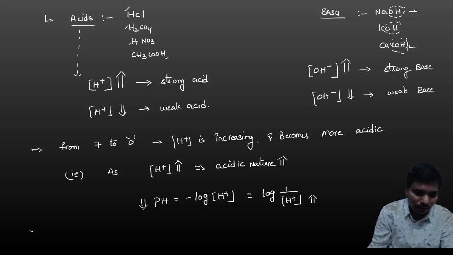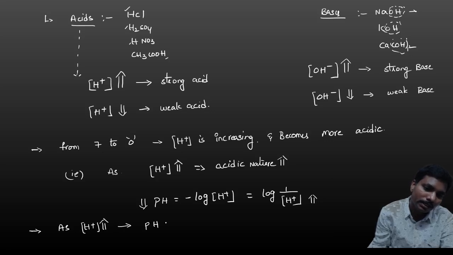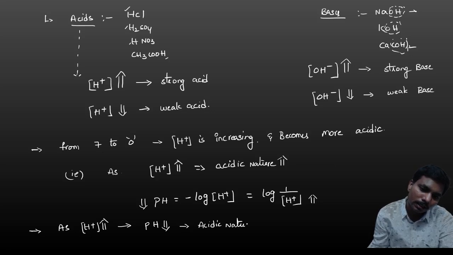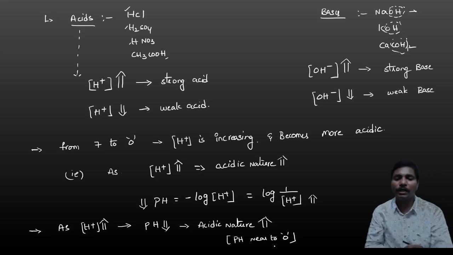So as H plus ion concentration increases, pH is decreasing, coming near to 0, and acidic nature increases. pH near to 0.